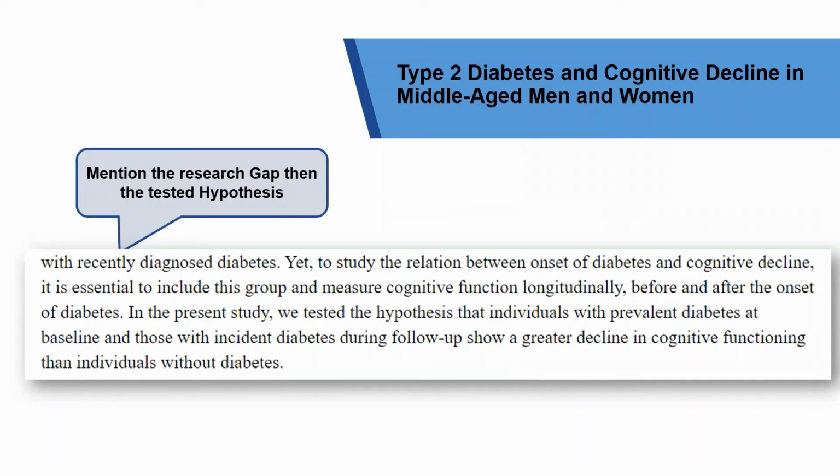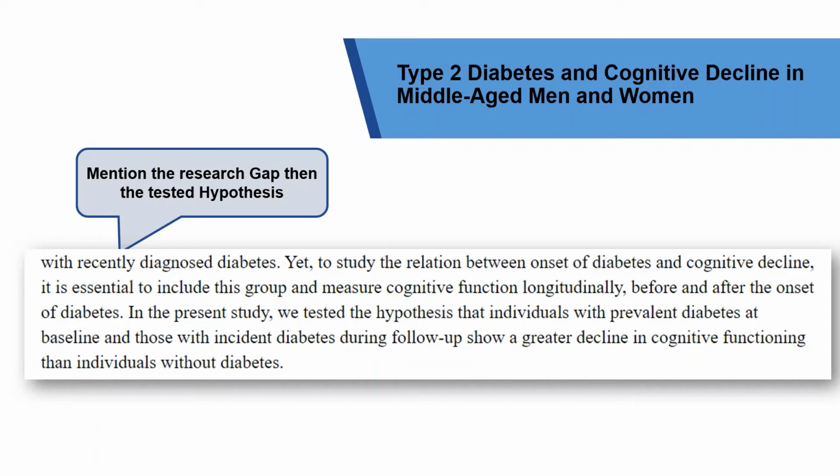The third example is on type 2 diabetes and cognitive decline in middle-aged men and women. So this study mentioned clearly their hypothesis. So first, they mentioned the research gap, saying yet to study the relation between onset of diabetes and cognitive decline, it is essential to include this group and measure cognitive function longitudinally before and after the onset of diabetes.